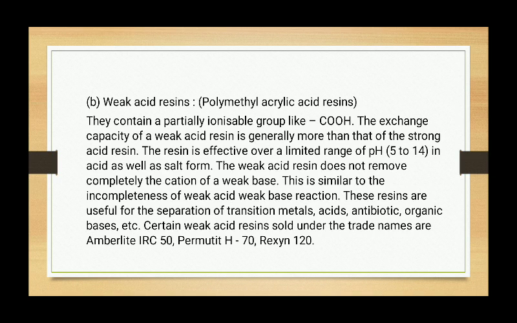The weak acid resin does not completely remove the cation of a weak base. This is similar to the incompleteness of weak acid and weak base reaction. These resins are useful for separation of transition metals, acids, antibiotics, organic bases, etc. Certain weak acid resins sold under trade names are Amberlite IRC50, Permutit H70, Resin 120.